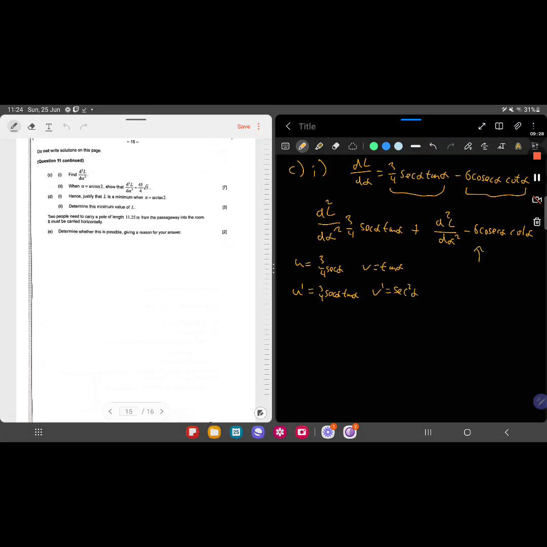And for this part, u equals minus 6 cosec alpha, so u prime equals minus 6 cosec alpha cot alpha with the minus signs. And v equals cot alpha, so v prime is minus cosec squared alpha.